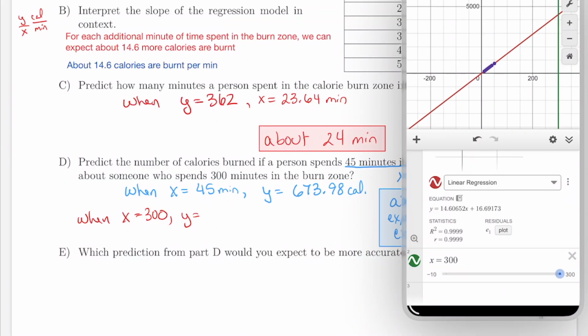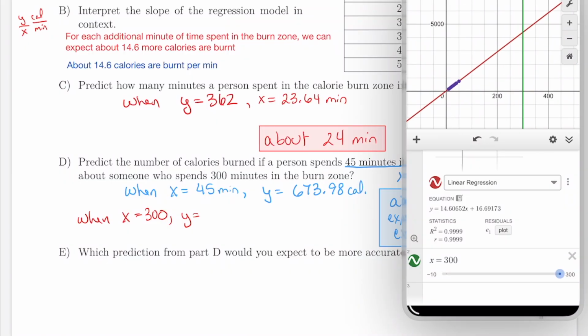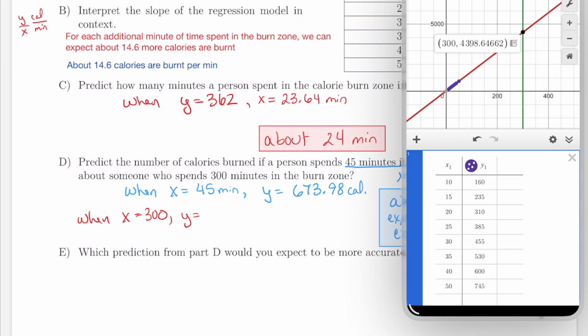So exercising 5 hours straight. We really got to zoom out. And if we look at this, we've got 4,398.64. So when somebody exercises for about 300 minutes, they would expect to burn about 4,399 calories, or almost 4,400 calories, right?